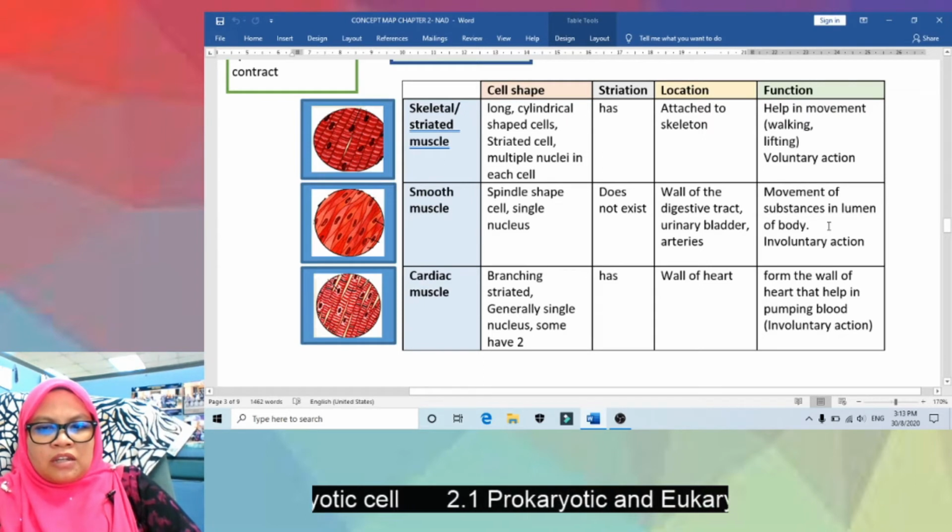Okay, and it is involved in involuntary action, means di luar kawalan. Kita tak boleh kawal. Okay, and then the cardiac muscle lines the wall of the heart, and from the wall of the heart it helps in pumping of blood. So it is also involved in involuntary action.